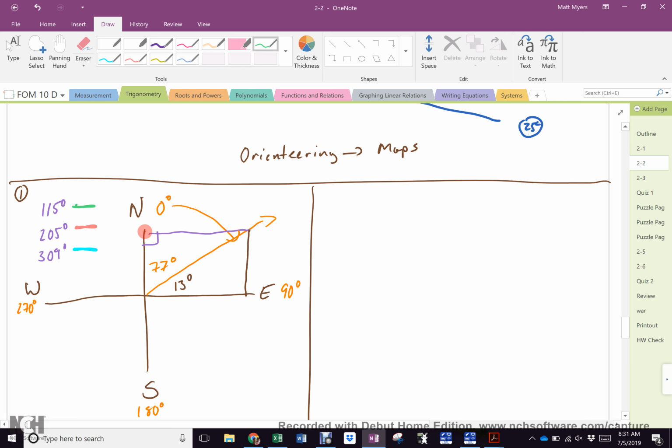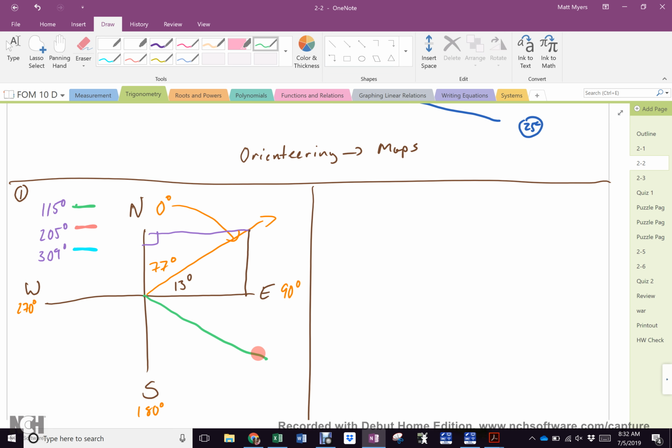I'm going to start my pen at 0. When I get to where you think 115 is, somebody stop me. Everybody ready? Are we happy? Do I care that it may or may not be exact? No, you're in the right section. I'm happy. Okay, that's the first thing I wanted you to do.